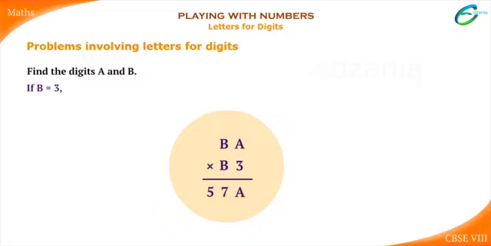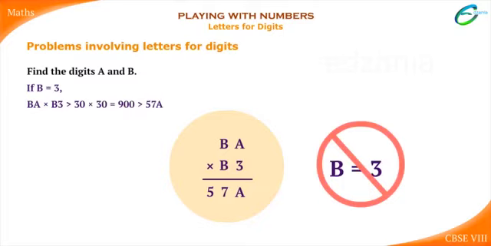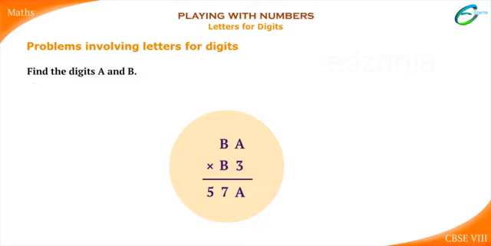If B is equal to 3, then BA into B3 would be more than 30 into 30, that is, more than 900. But 57A is less than 600, so B cannot be equal to 3. Putting these two facts together, we see that B is equal to 2 only.